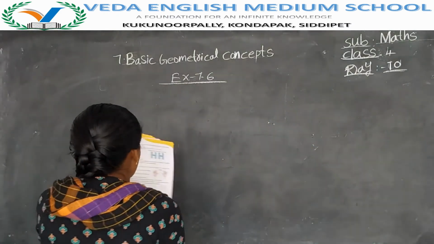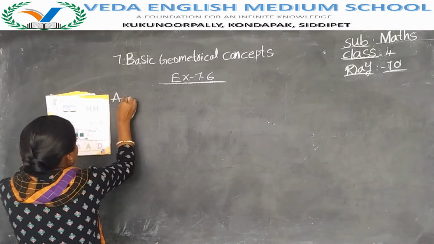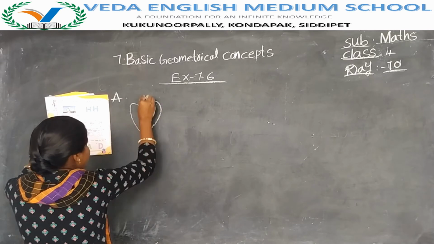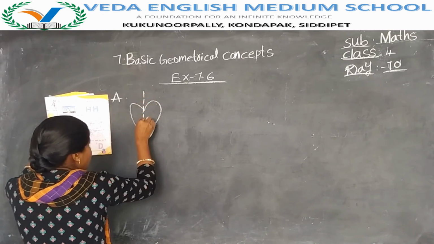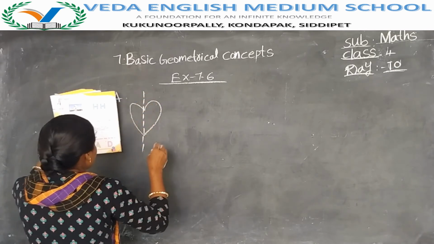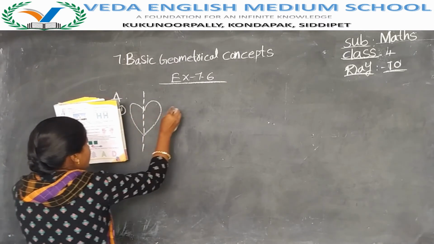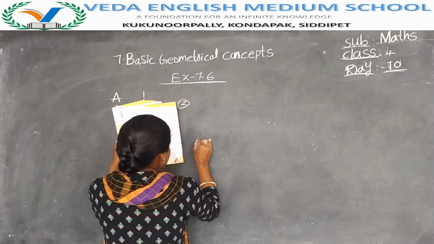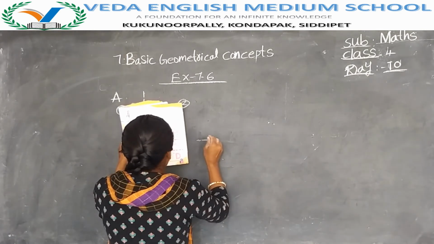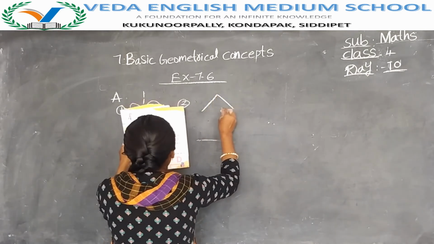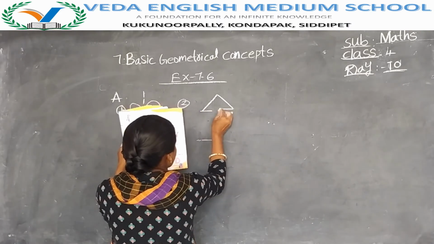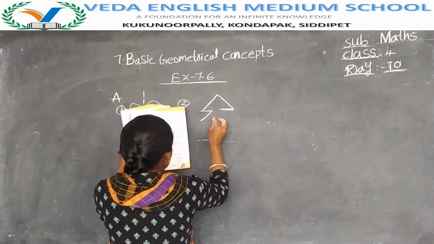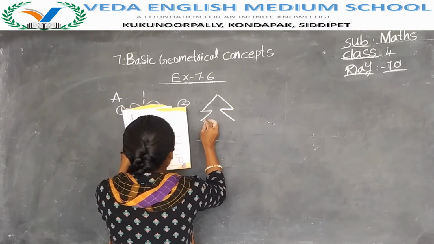First one, exercise 7.6 A bit. Here the first figure they have given like this. So it is a symmetrical line. By using dotted lines you have to draw. First one, A bit. Then second one. They have given a Christmas tree like this. Does this figure have line symmetry?